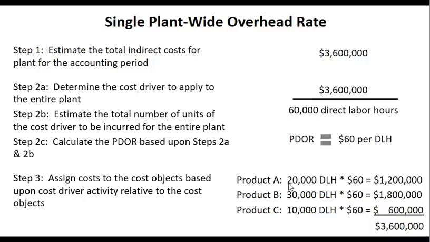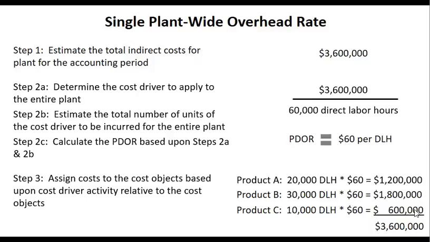So in the case of product A, it's going to be 20,000 direct labor hours times $60. That's our predetermined overhead rate. We're going to allocate $1,200,000 worth of overhead to product A. Product B then, 30,000 direct labor hours times 60 equals $1,800,000. Product line C, 10,000 direct labor hours times 60 equals $600,000.